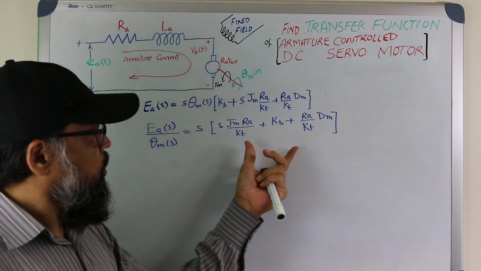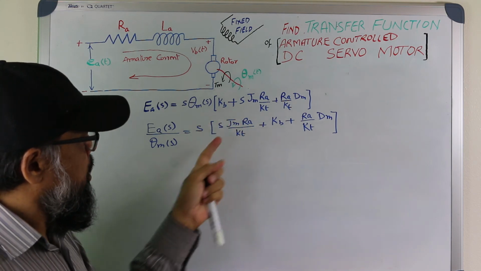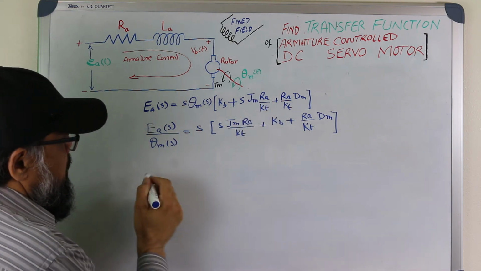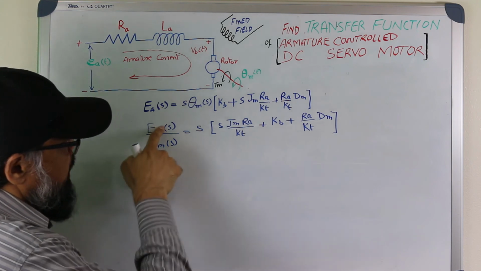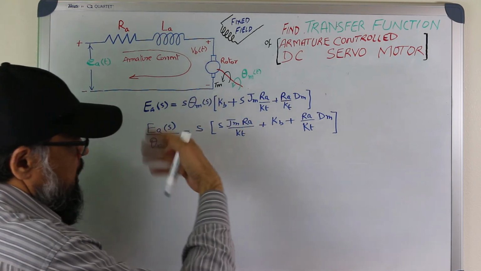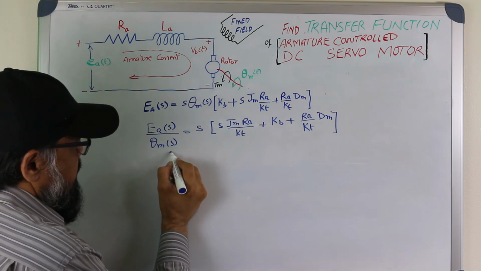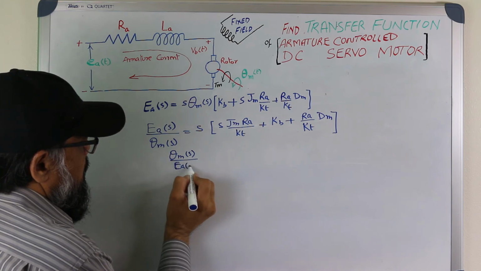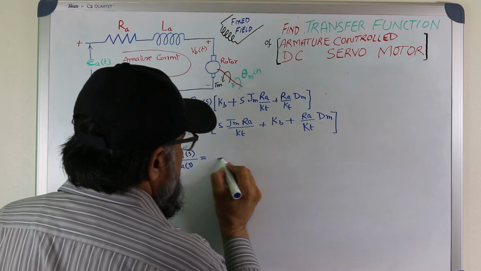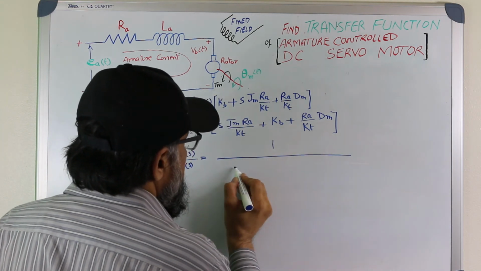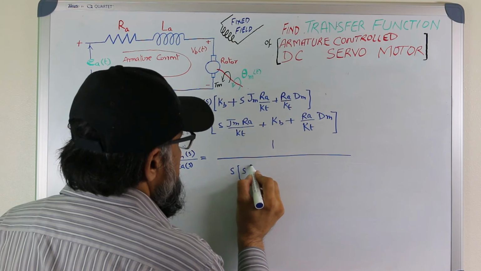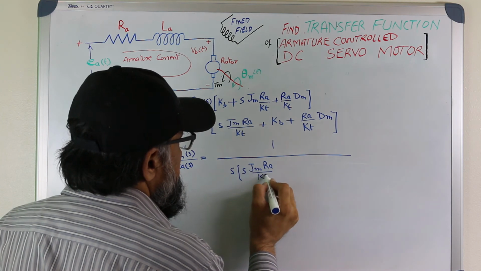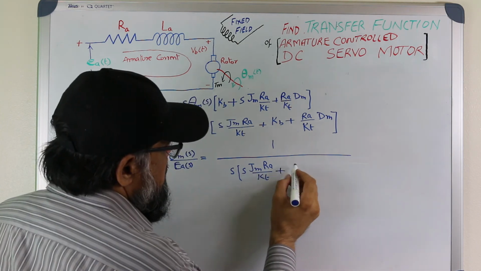So now what we want to do, we want to make this first let's take the reciprocal of this, so that we can take this into the denominator, because our transfer function is theta m divided by Es. So just take the reciprocal of both sides, so we get theta ms equals 1 divided by S multiplied by S into JMRA K sub T, so plus KB.